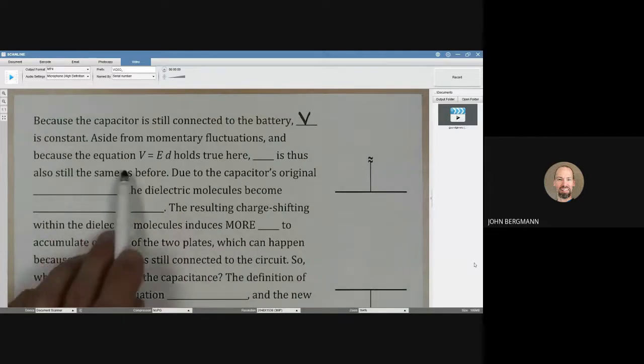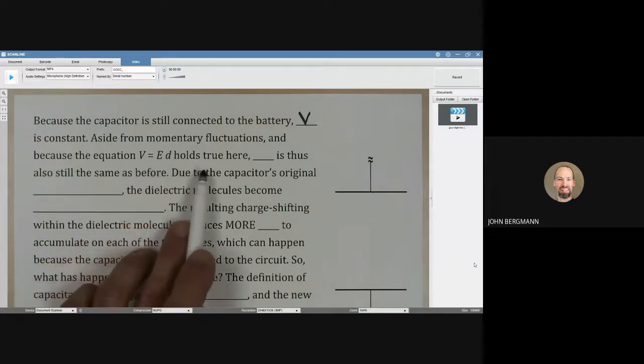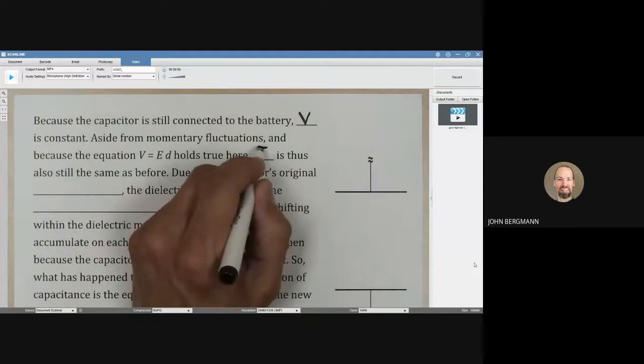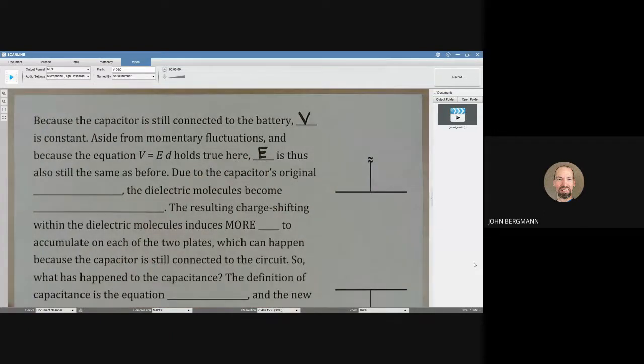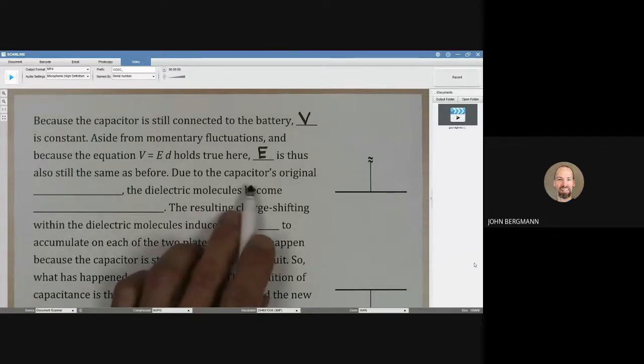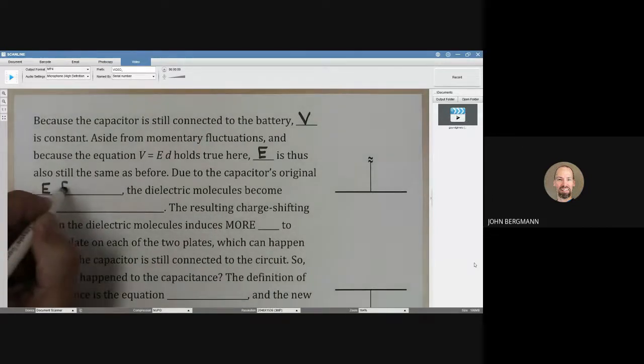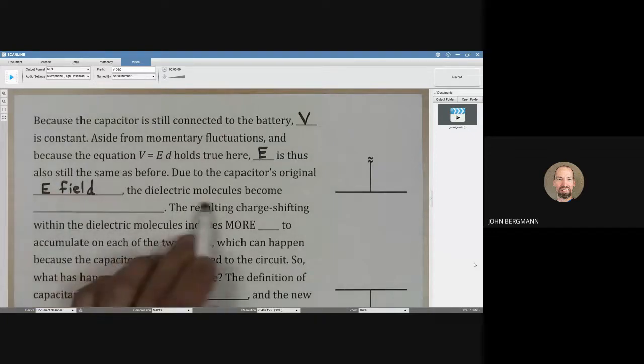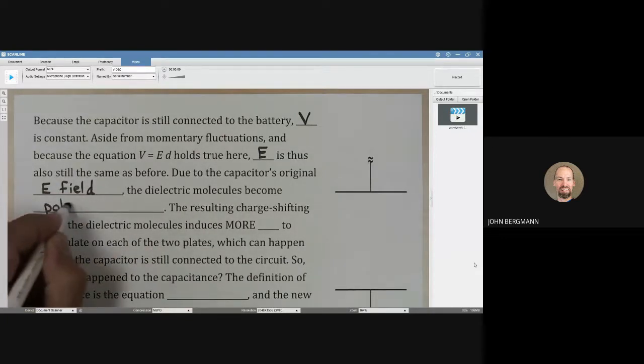And because the equation V equals ED holds true here, E is thus also still the same as before. If V is the same and we haven't changed the distance between the plates, then E must stay the same. Due to the capacitor's original electric field, the dielectric molecules become polarized.